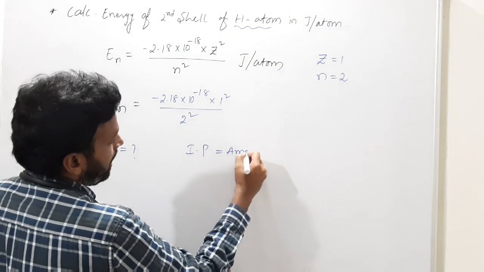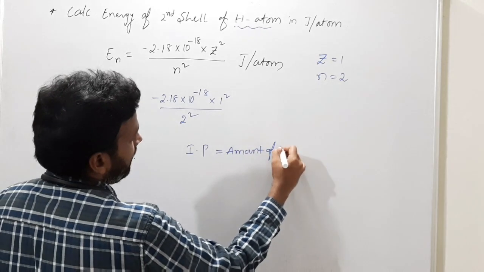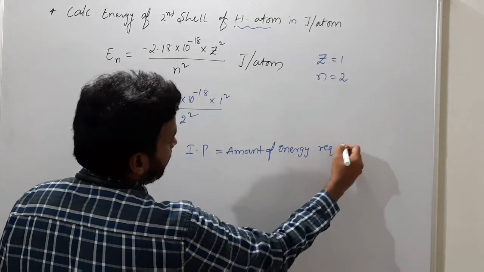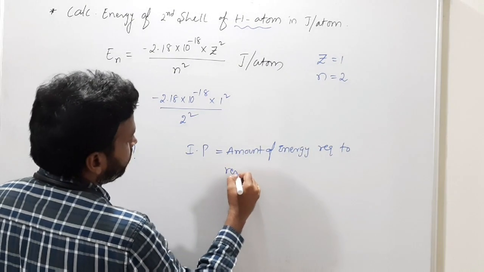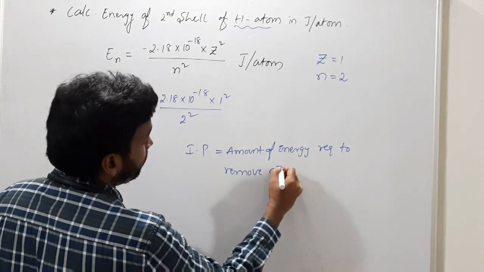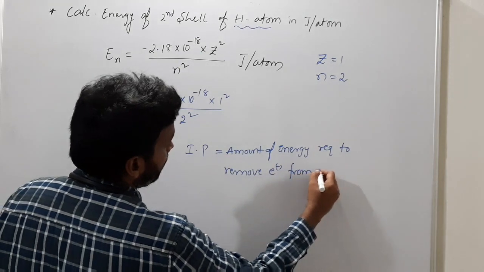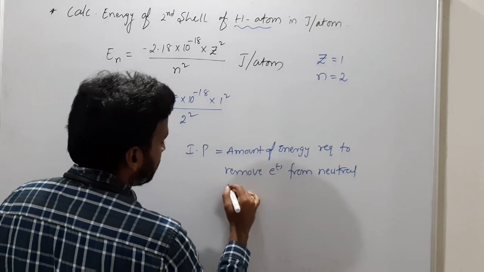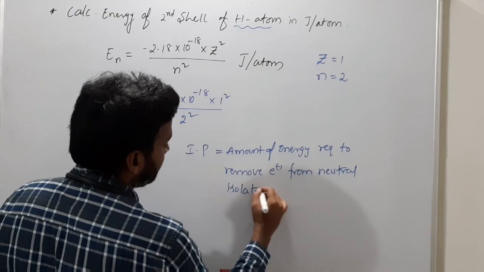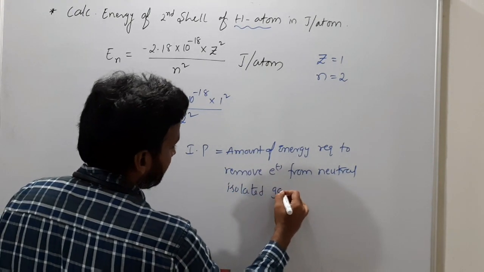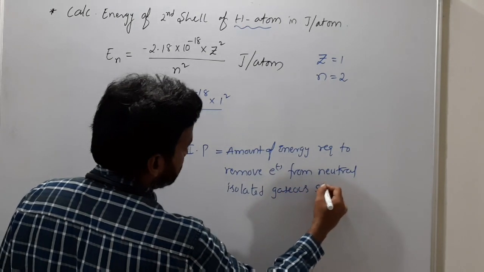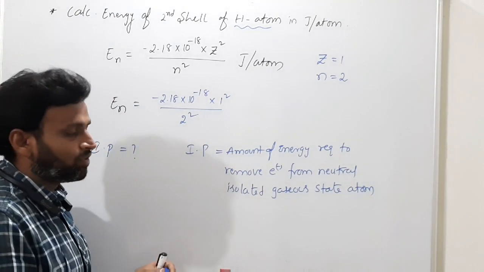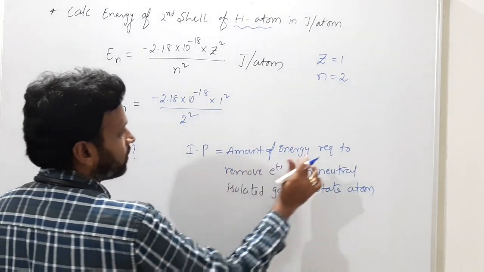The amount of energy which is required to remove an electron from a neutral isolated gaseous state atom. Actually we will remove the outermost electron.